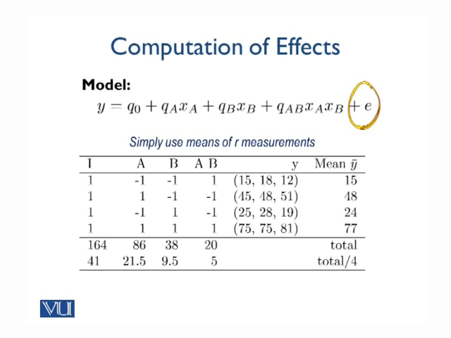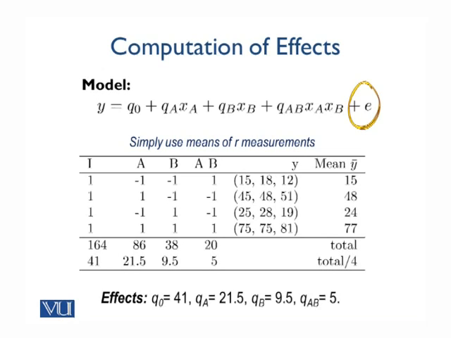Instead of using the Y column in which we have 3 readings, we use the mean Y bar column, and exactly in the way we analyzed the 2 raised to 2 design, we calculate the effects. We see that q0 is equal to 41, qA, the effect due to factor A, is 21.5, the effect due to B is 9.5, and the interaction term is 5.